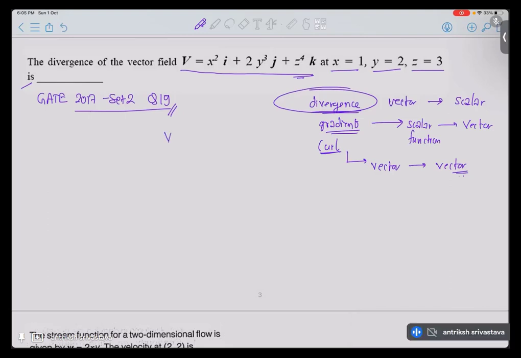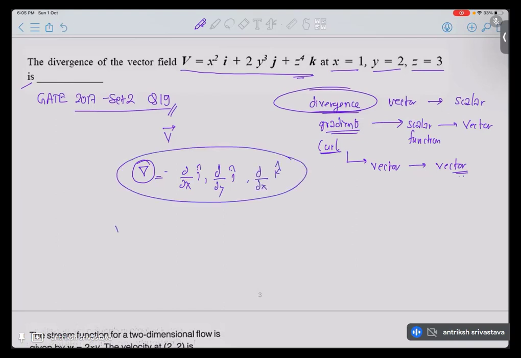So let's say V is a vector. The del operator is d by dx i cap, d by dy j cap, and d by dz k cap.